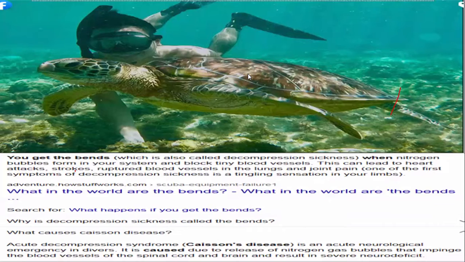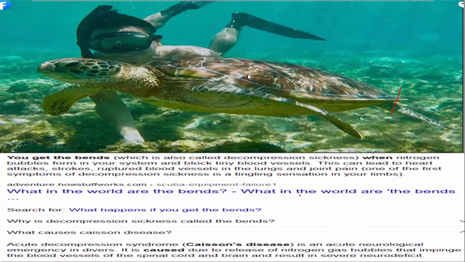If the bubbles block the circulation going into the brain, you will have strokes. You can also have ruptured blood vessels in the lungs because of too many bubbles, and joint pain. One of the first symptoms of decompression sickness is a tingling sensation in your limbs.